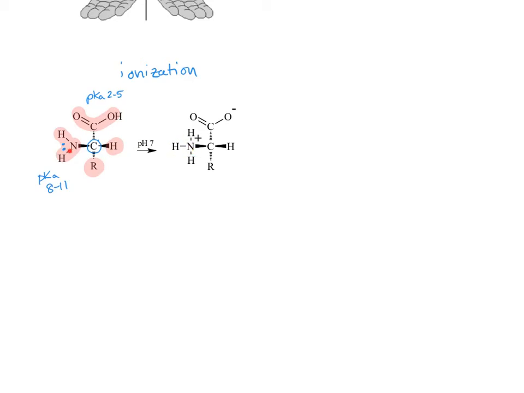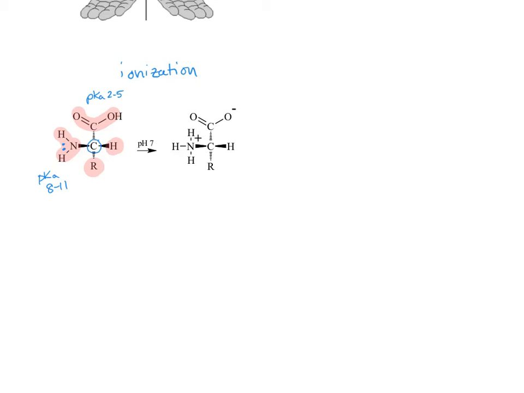These are the two forms we have. This is the basic form, and this is the acidic form. So when I say the pKa is 8 to 11, I'm really talking about this form over here, and our decision about whether it's protonated or not has to choose between those two forms. So that's a little unusual because we're actually giving a proton back in this case to make it NH3 plus.